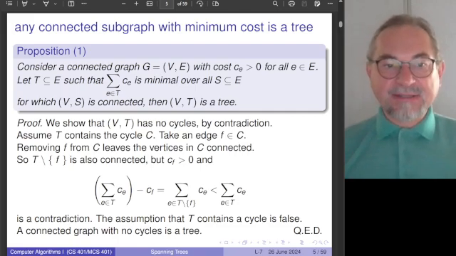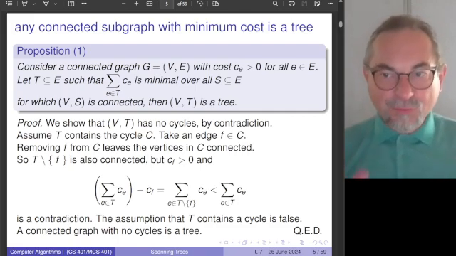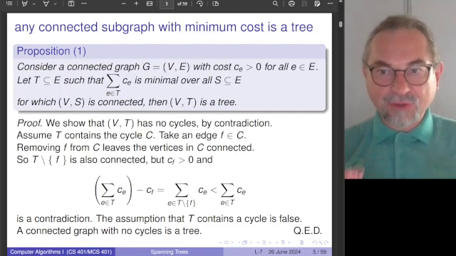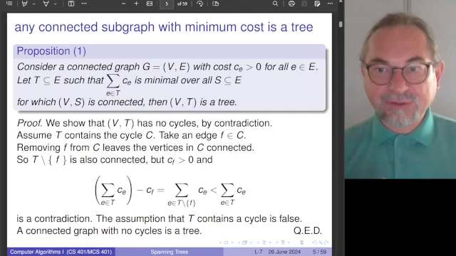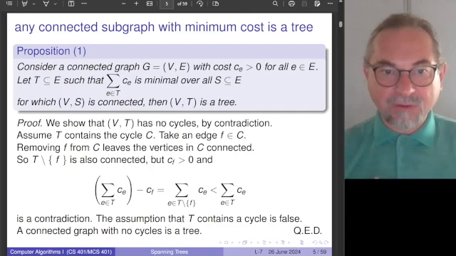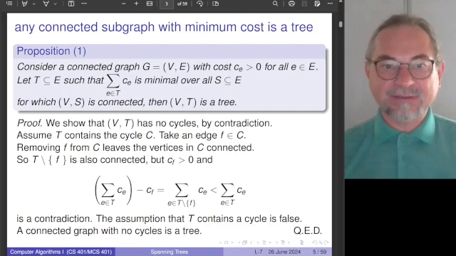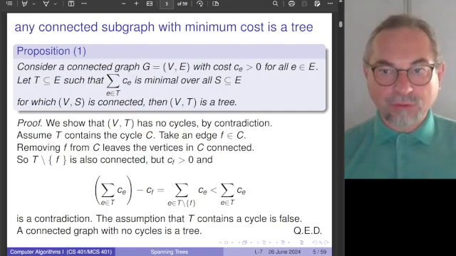And since removing an edge with positive cost, so that's an important restriction, decreases the total cost, it cannot be that a subgraph which has a minimal cost has cycles.